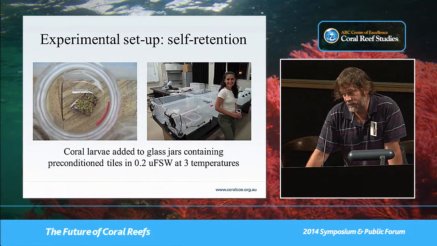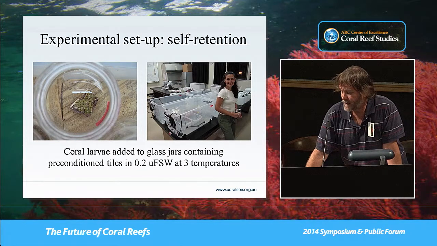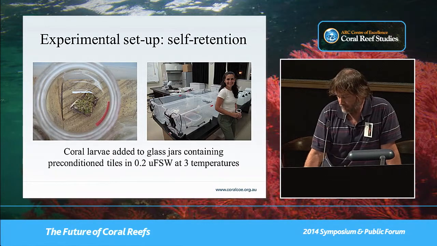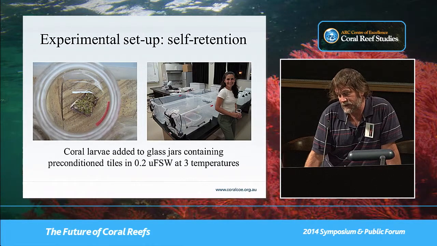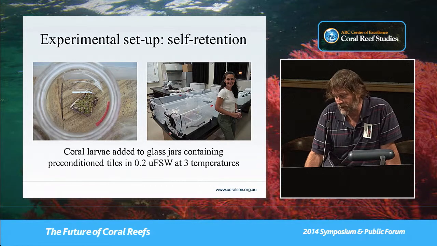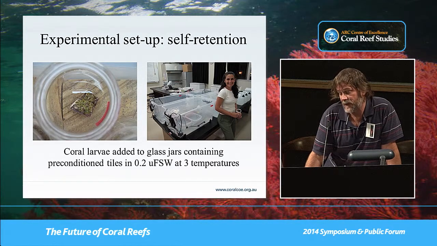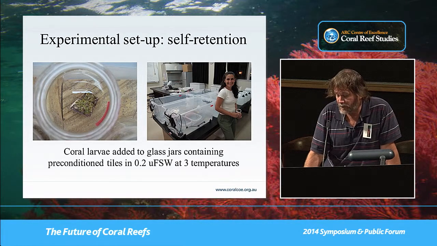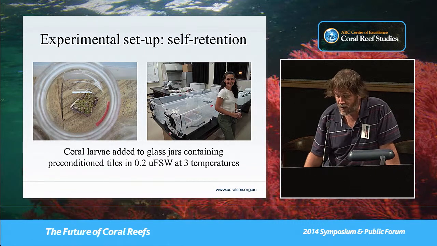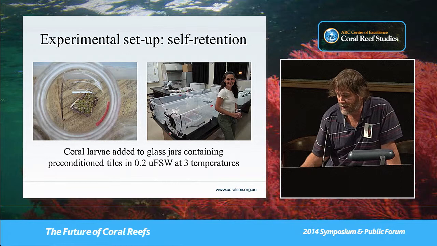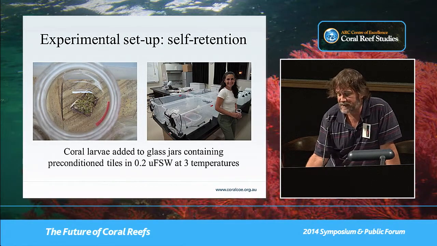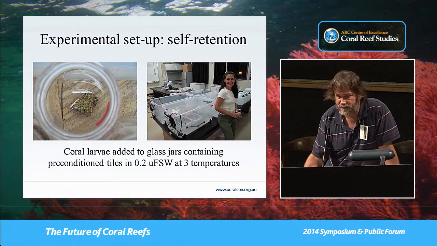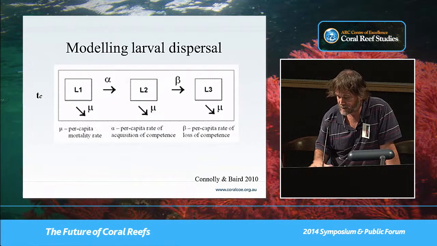This is work I did with Joanna over in Japan, and we have our temperature baths, and we introduce coral larvae into small glass jars, which we then place in the temperature baths, and then we count the number of metamorphosed corals on those conditioned clay tiles through time. We also independently made estimates of larval mortality by, again, just placing larvae into the jars and counting them on a daily basis.